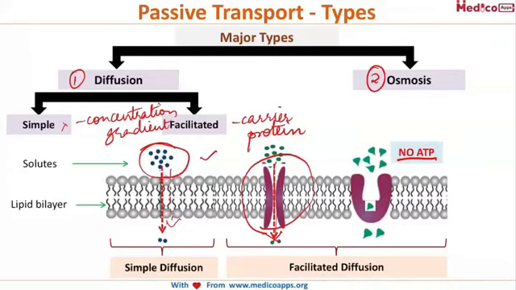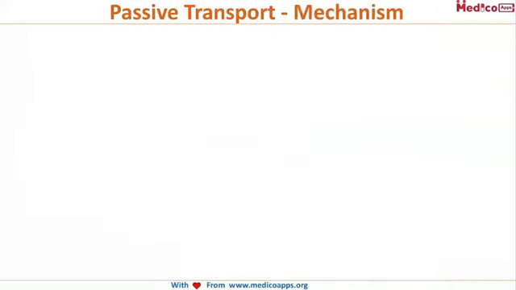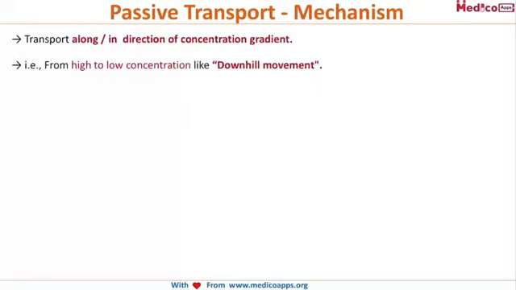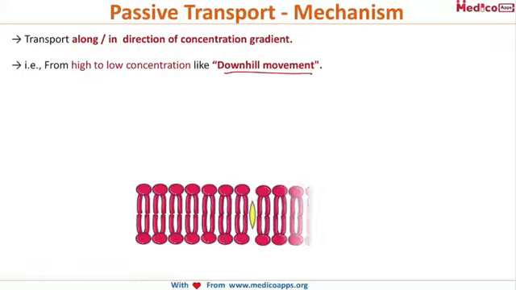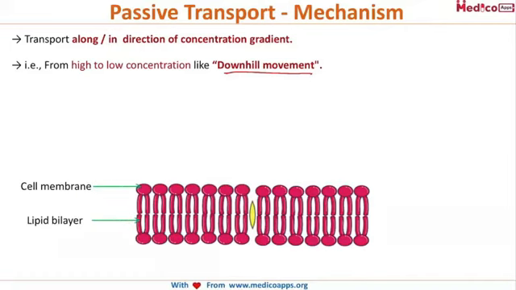Okay. Now, let us look at the mechanism of passive transport. So, we have seen that it is a transport along the direction of concentration gradient. This you can also call as a downhill movement of the ions, right. It does not require any energy, we also know that.